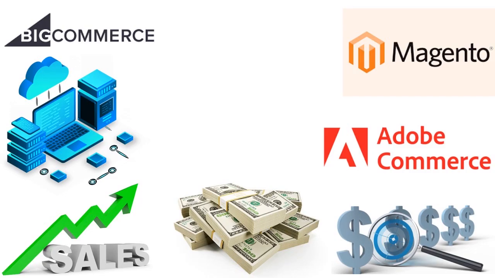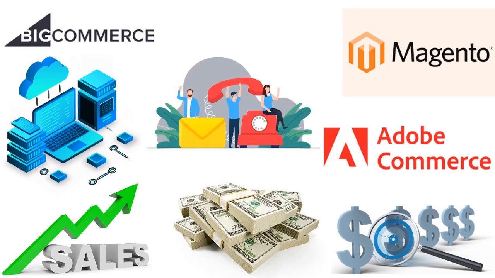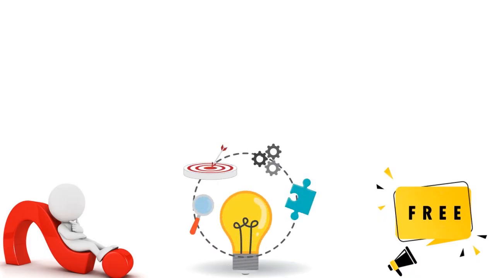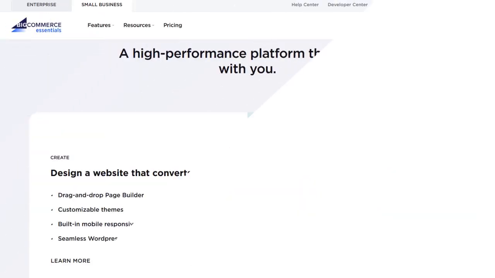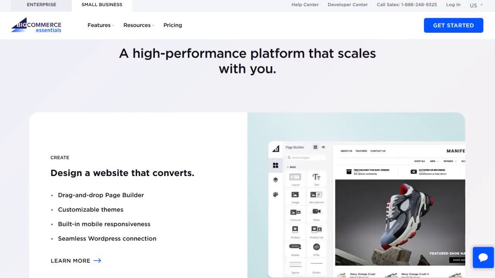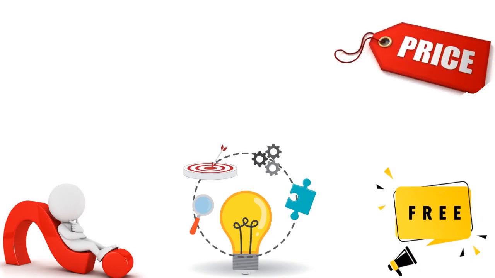But one thing for sure, Adobe wants you to contact them to ask more questions about this aspect of things. The basic open source platform is free, but requires you to find an appropriate hosting solution and handle all related maintenance. You also have ease of use. For pricing, BigCommerce is the clear winner.